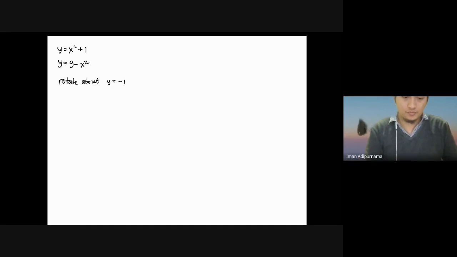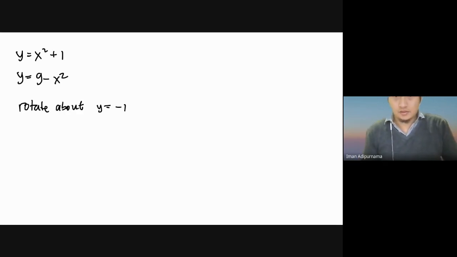The region bounded by the given curves is rotated about y equals -1. Find the volume of the resulting solid. I think this is number three in your quiz.